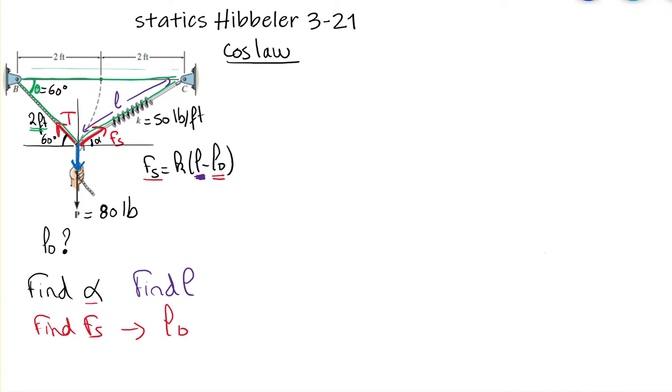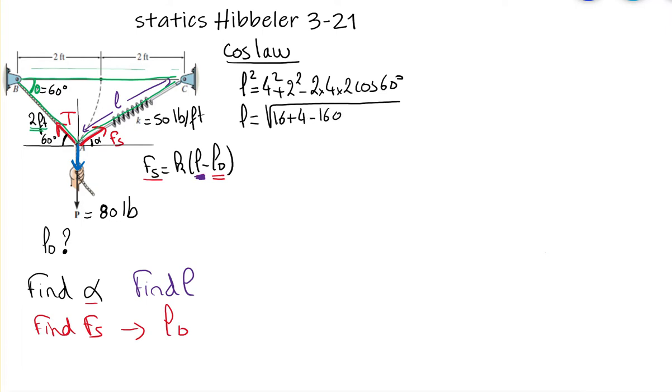Okay, cosine law. What we need to find is L. So L squared is equal to 4 squared, this distance squared, plus this one, 2 squared, minus 2 times both sides, times the cosine of the opposite angle of L, that is 60 degrees. So L is equal to the square root of 16 plus 4 minus 16 cosine 60, and cosine 60 is 1/2.